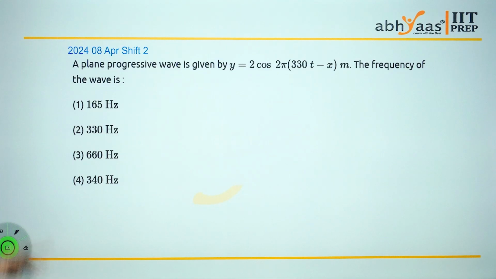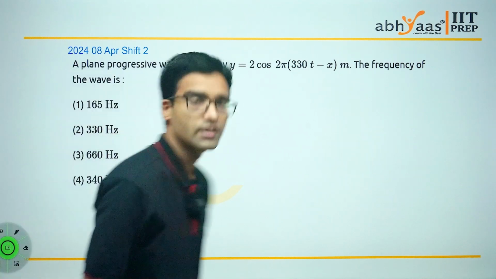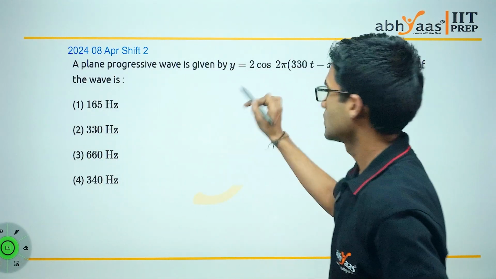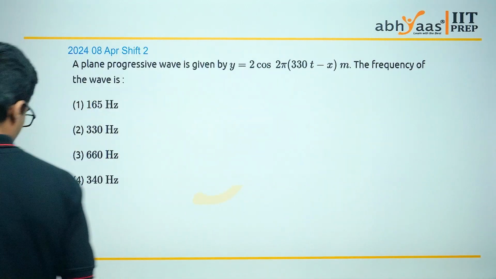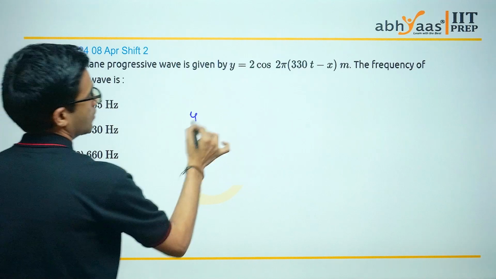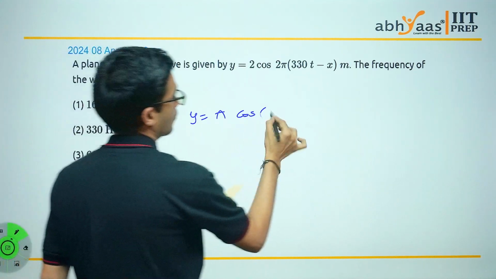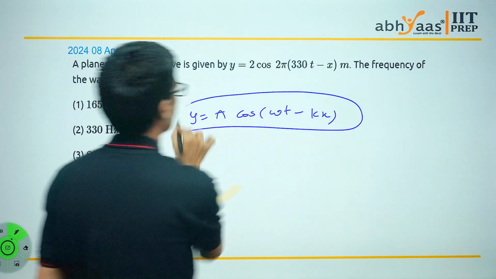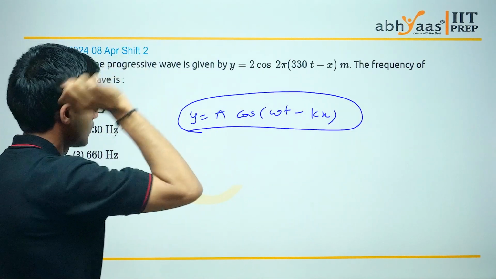Now, the last question is related to waves. You know that Y is equal to A cos omega t minus kx. That is a progressive wave equation.